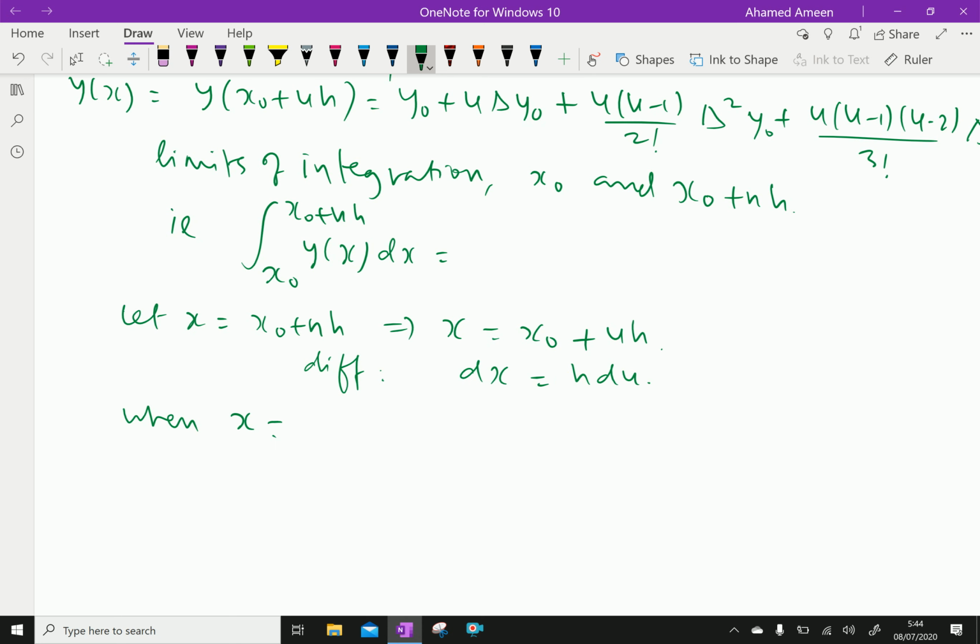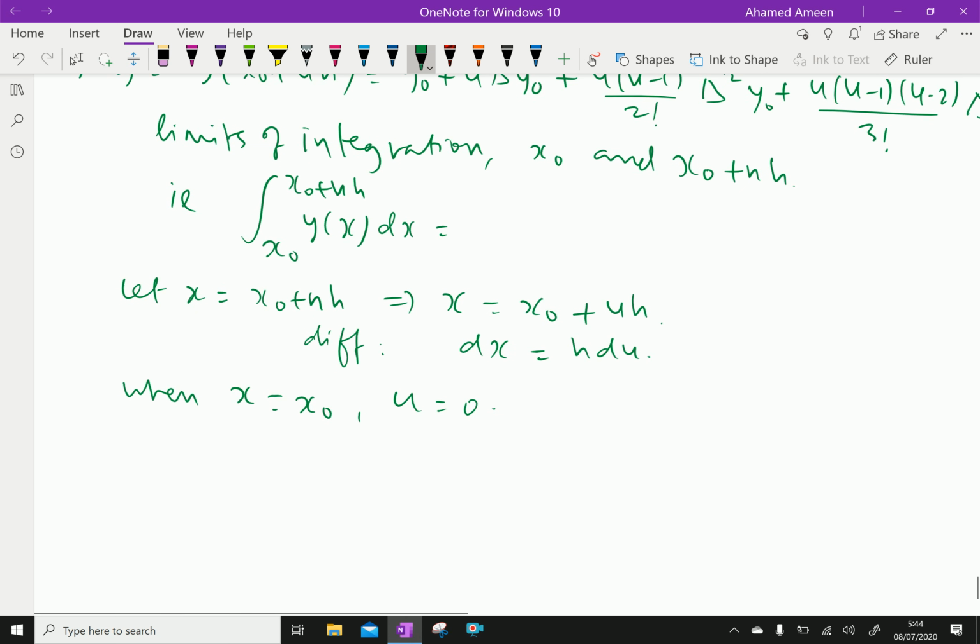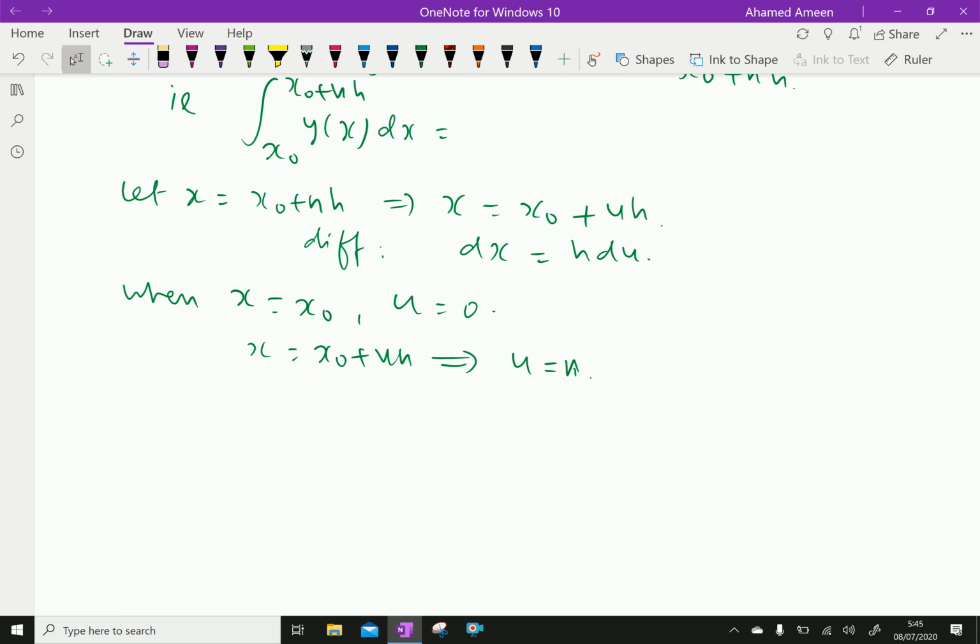When x is x0, then u equals 0. And when x equals x0 plus nh, then u equals n.